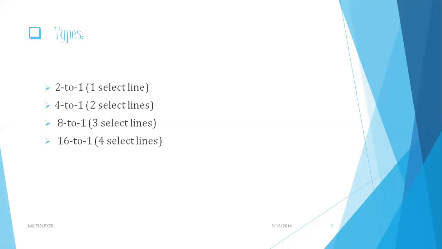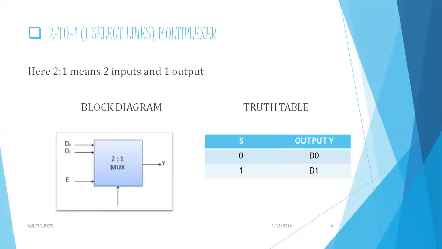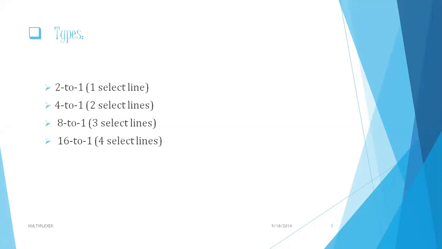In the 2 to 1 multiplexer, we pass two inputs, that is 2 power 1. So how many selection lines will it require? Only one selection line.